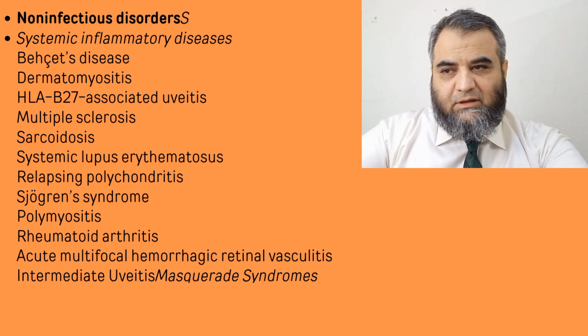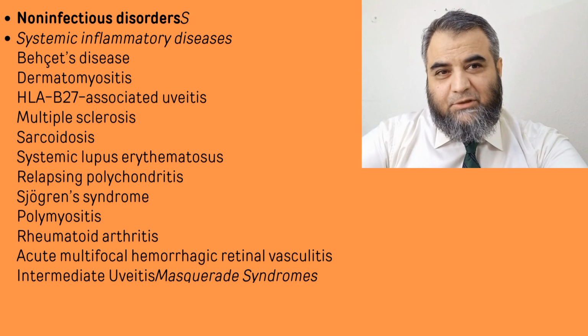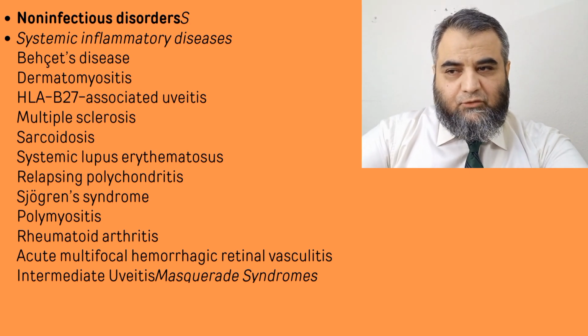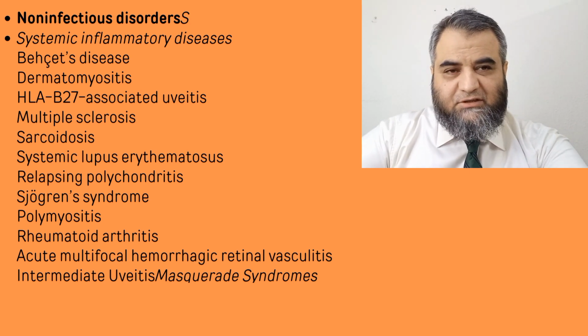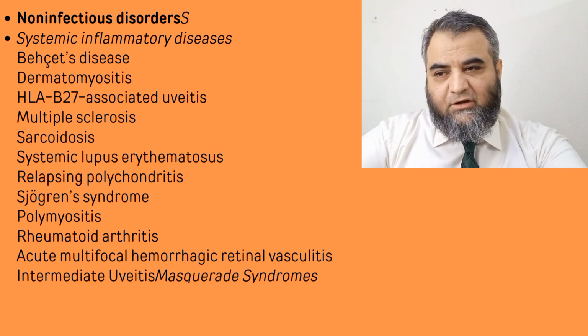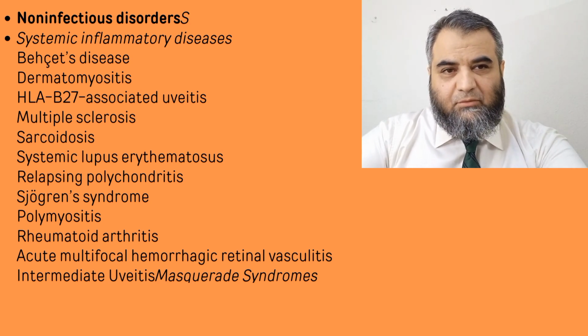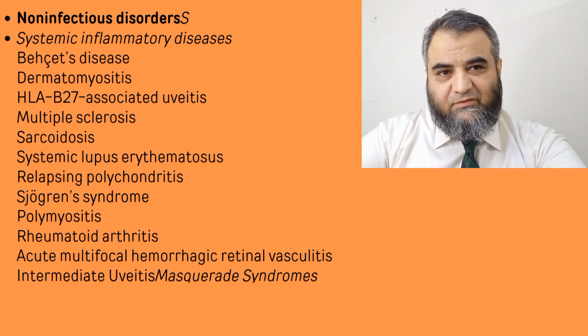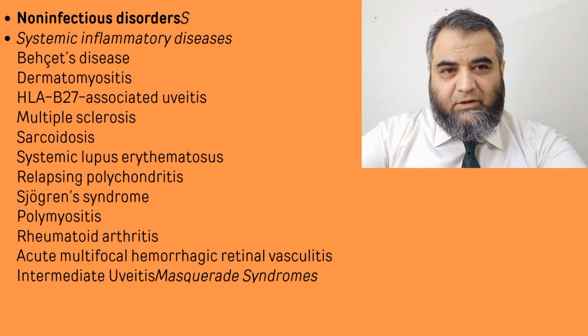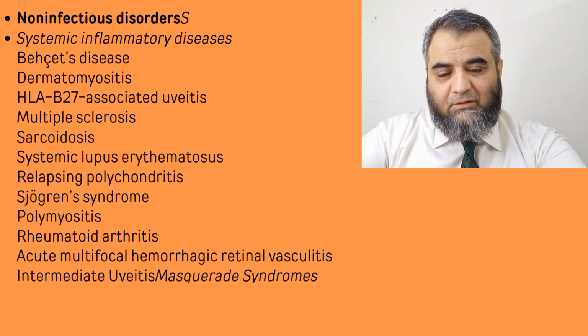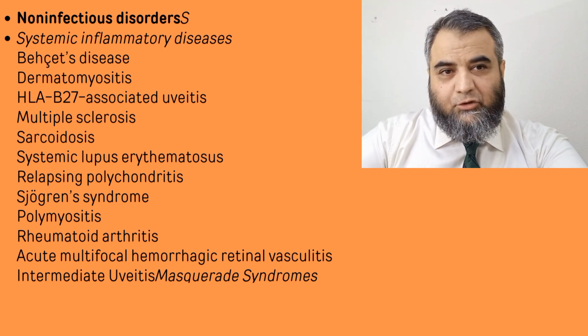We can talk about the systemic inflammatory diseases: Behçet's disease, multiple sclerosis, Sjogren's, polymyositis, rheumatoid arthritis, leukemia, lymphomas, multiple causes. These two broad categories I have taken. Apart from this, there are a number of ocular and systemic causes which also contribute to vasculitis in the retina.